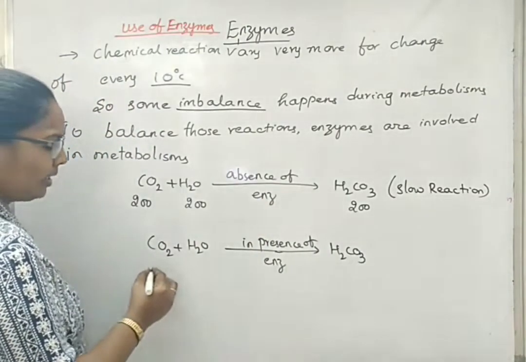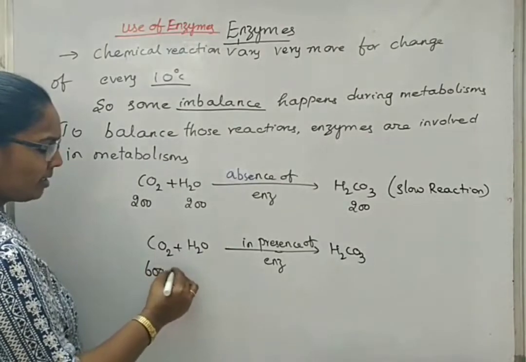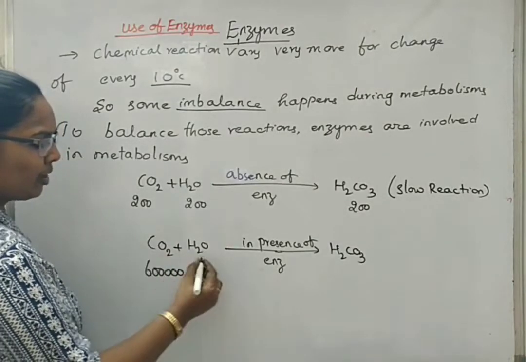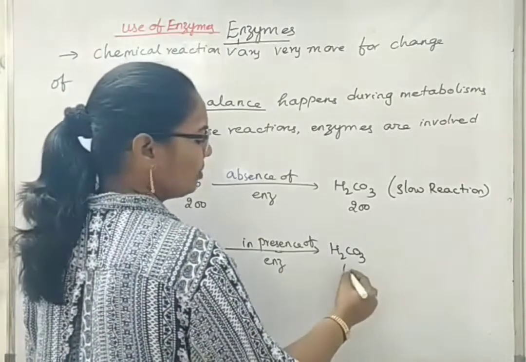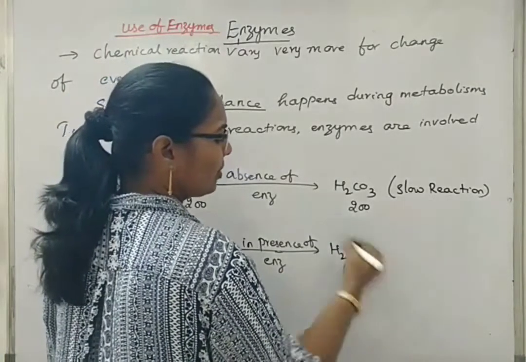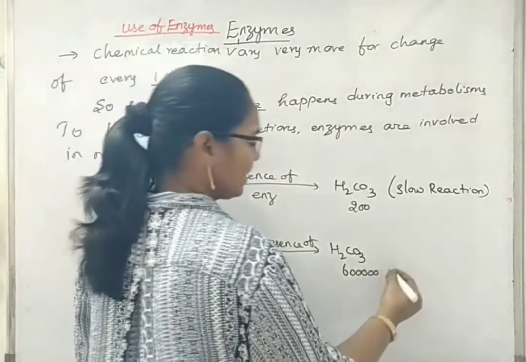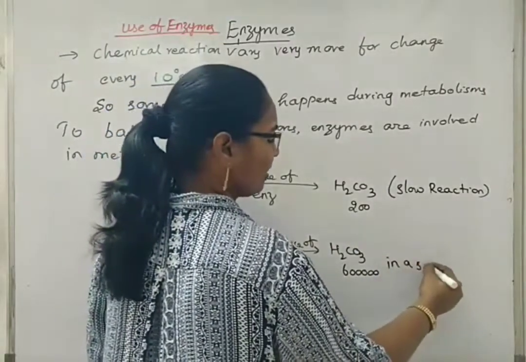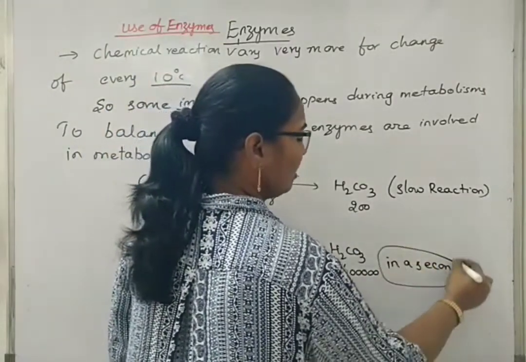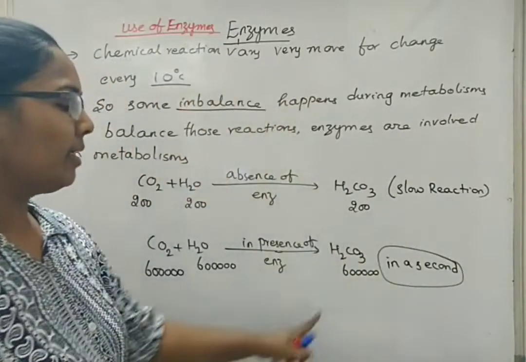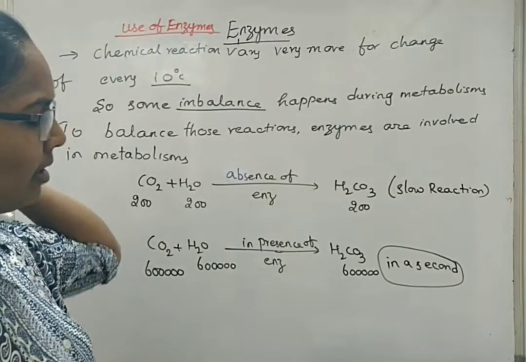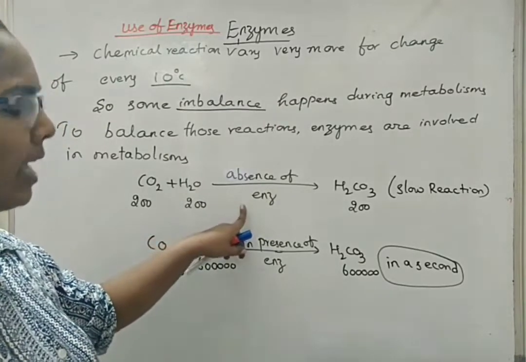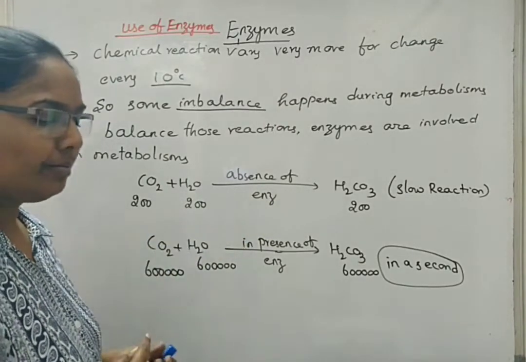It will give nearly 6 lakh CO2 molecules and 6 lakh water molecules giving 6 lakh carbonic acid molecules in a second. In a second, we are getting nearly 6 lakh. The same quantity of product is not seen in absence of the enzymes.